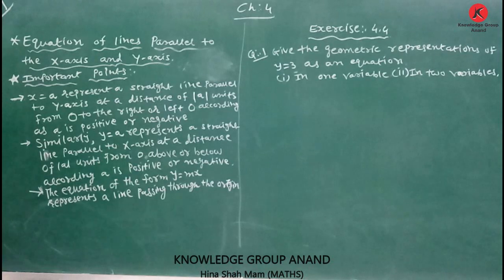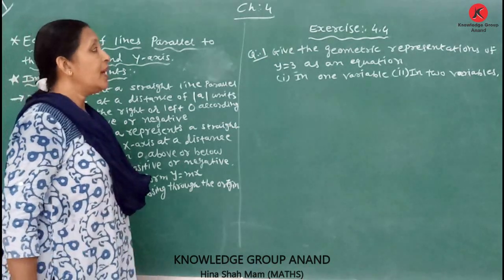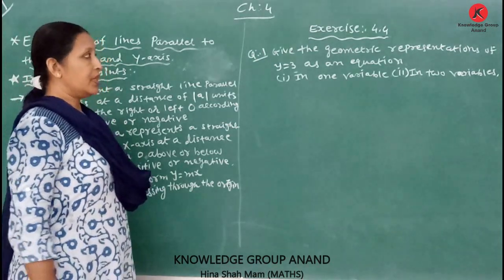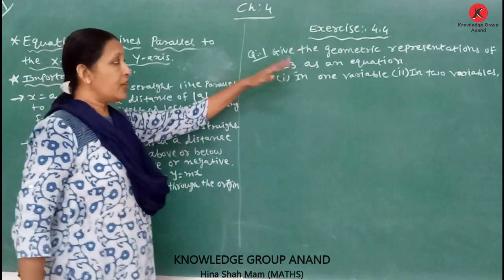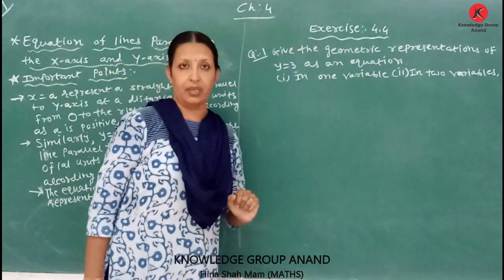Give question number, exercise 4.1 or 4.4. Question number 1: give the geometric representation of y is equal to 3 as an equation in one variable and in two variables.